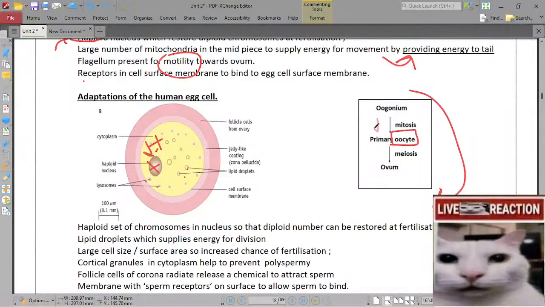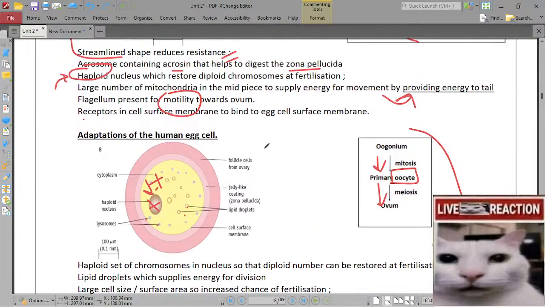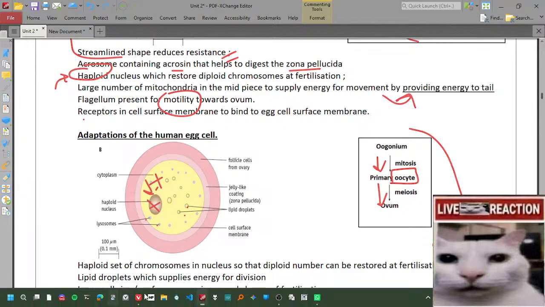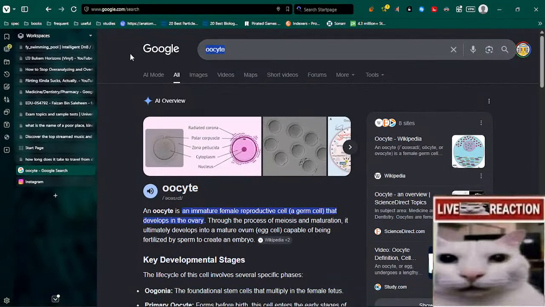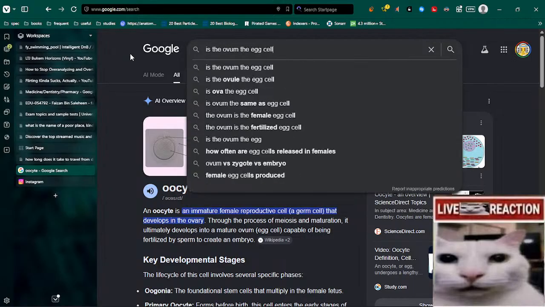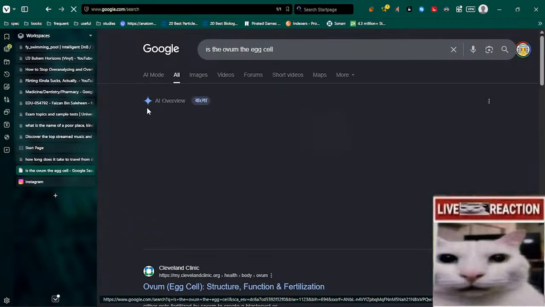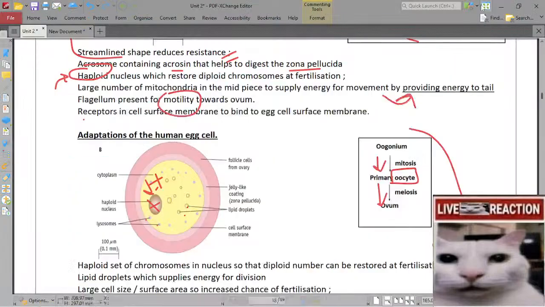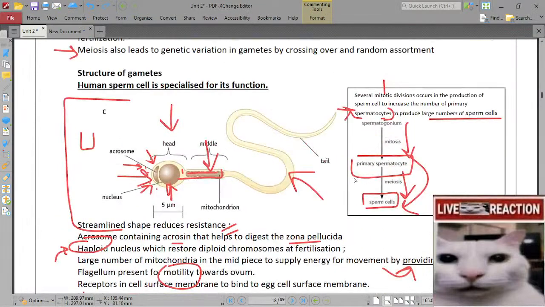So by mitosis we form the oocyte, and then by meiosis we form the ovum. Okay. And by mitosis again, you form the spermatocyte.